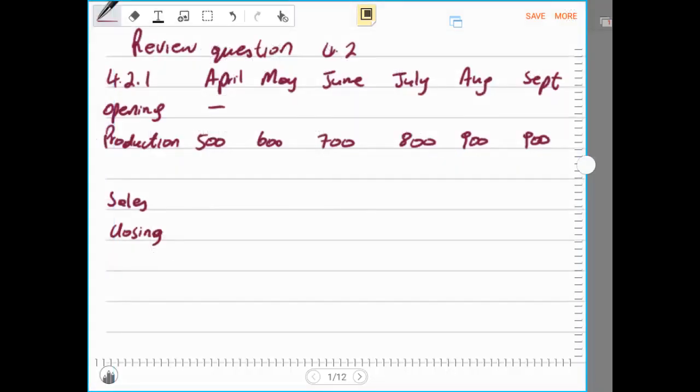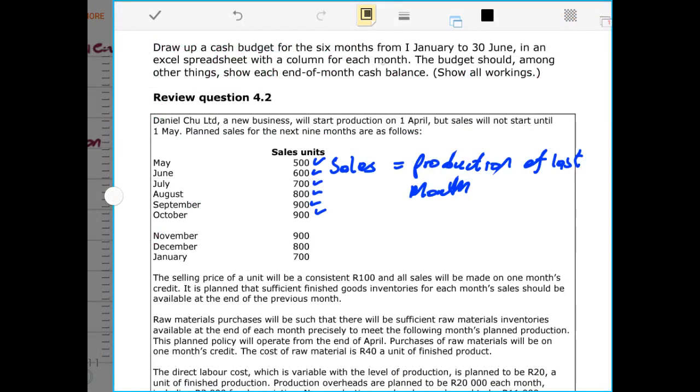Then we need to record the sales for the month of April. Remember, in April there was no sales. They told us that production will start in April, but sales will not start until the 1st of May.